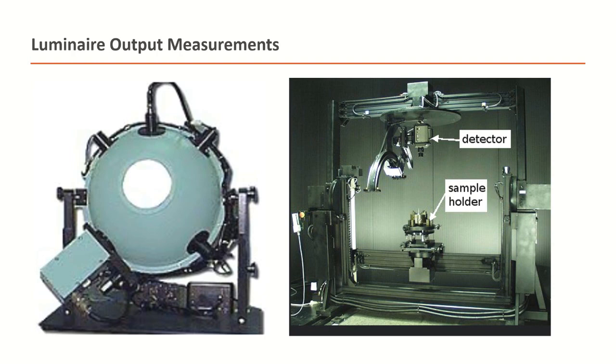So it is recommended that manufacturers start giving out this type of data, and a spectrogoniometer is being used for such an application, also for finding out the distribution of UV radiation.